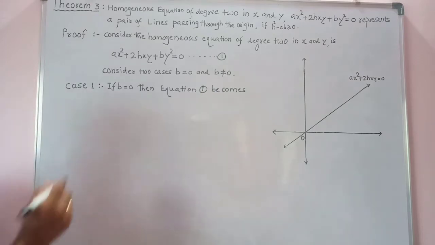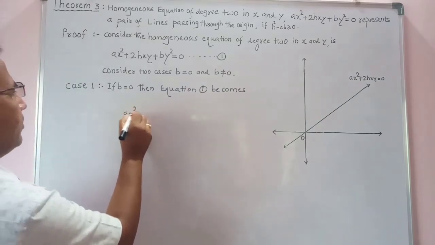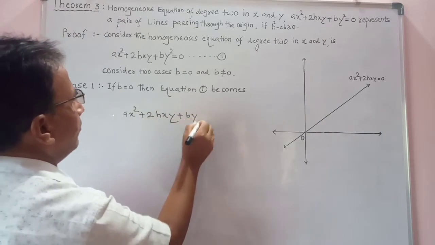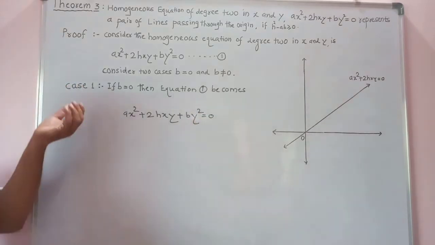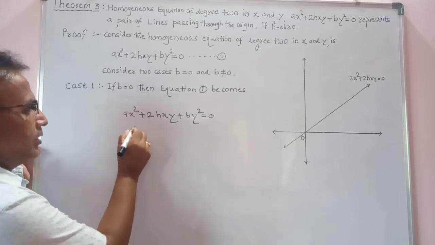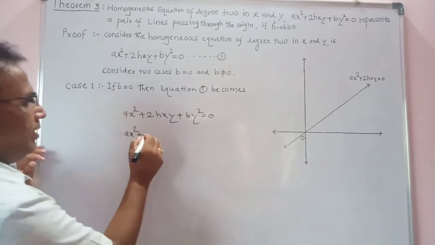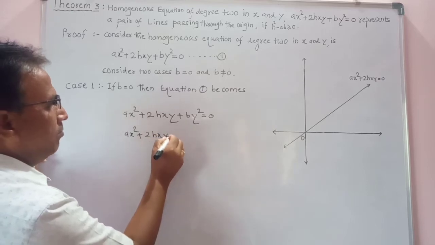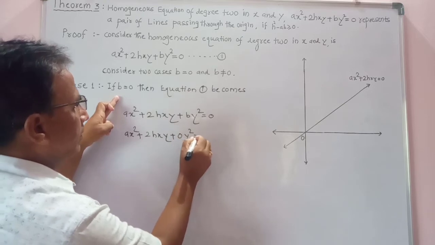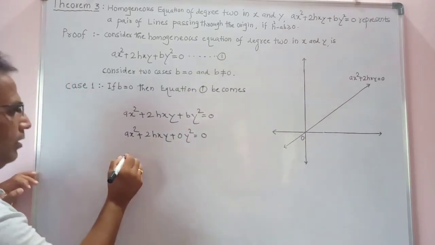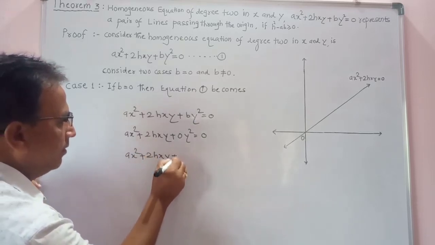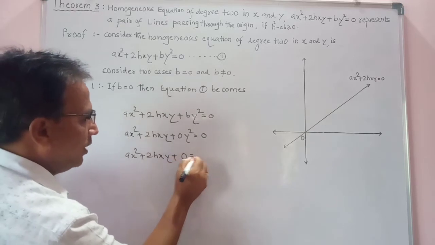The equation first is a homogeneous second degree equation, ax square plus 2hxy plus by square equal to 0. In the first case b is 0, therefore ax square plus 2hxy plus 0 into y square equal to 0.